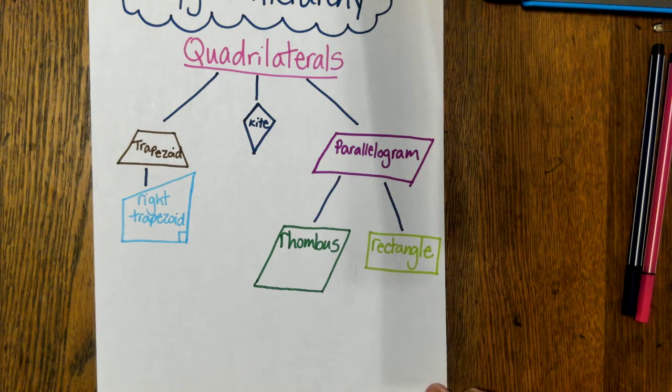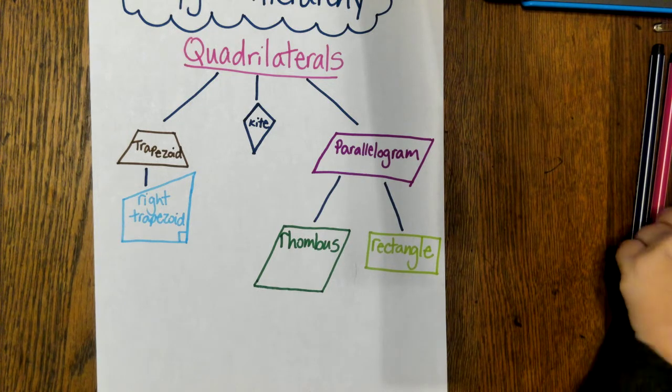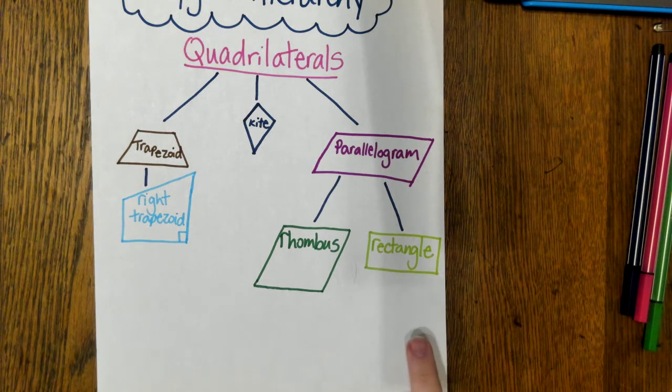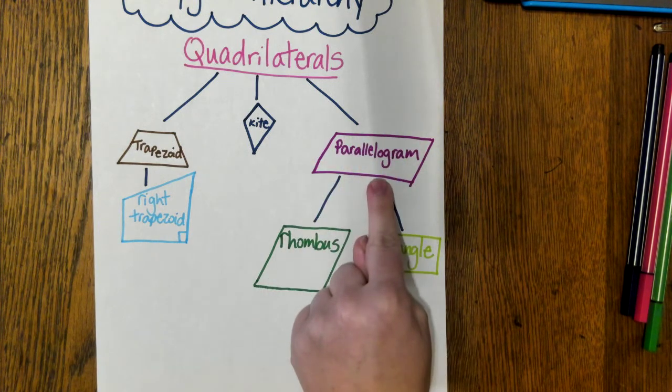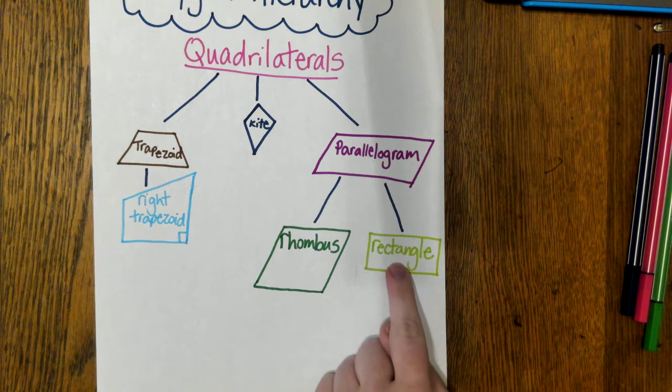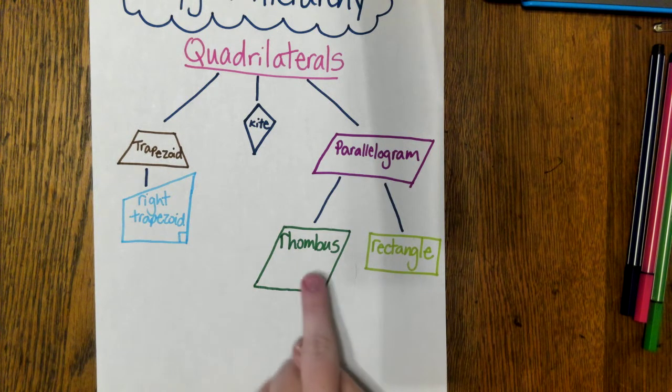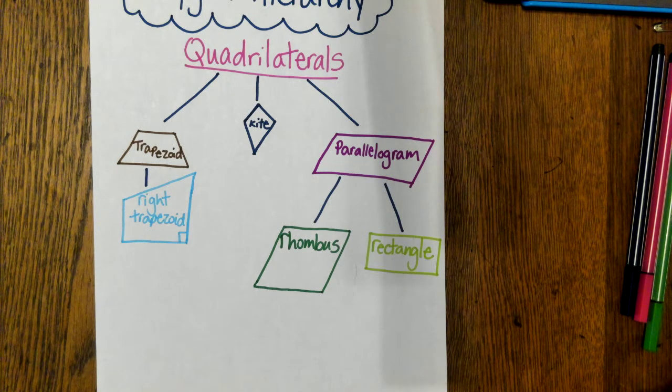Rectangles, we look at the angles. Rhombus, we look at the sides. And if that shape has everything, it has 2 pairs of parallel sides, all 4 angles are right, and all 4 sides are equal, then it is a very special shape.